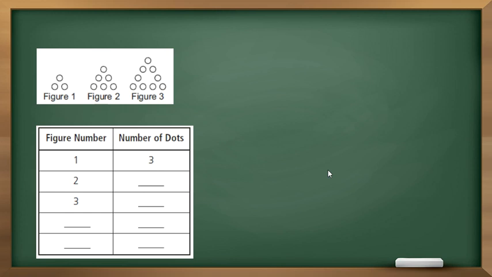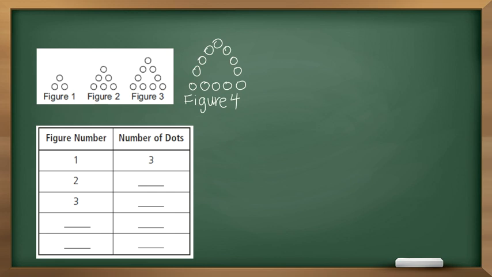So figure 1 has 2 on the bottom, figure 2 has 3 on the bottom, figure 3 has 4 on the bottom, so I think that figure 4 will have 5 on the bottom, and then I just have to make the triangle so that all the sides are the same. So that's figure 4. And then I would just continue the pattern.